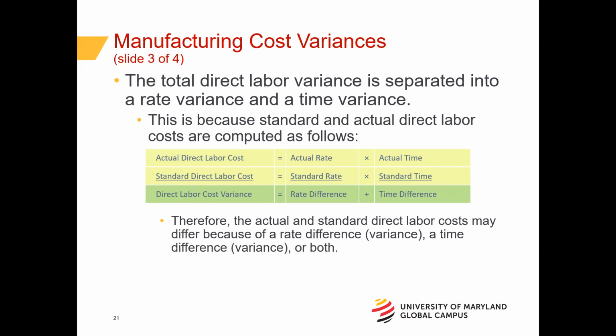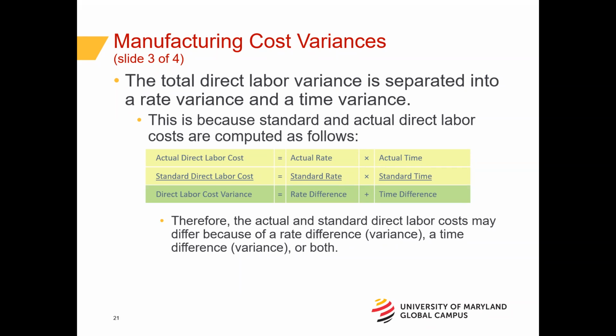Then, of course, we find the difference. To find the variance, we find the rate variance and add that to the time variance. Rate variance is found by taking the actual rate minus the standard rate, and the time variance is actual minus the standard.